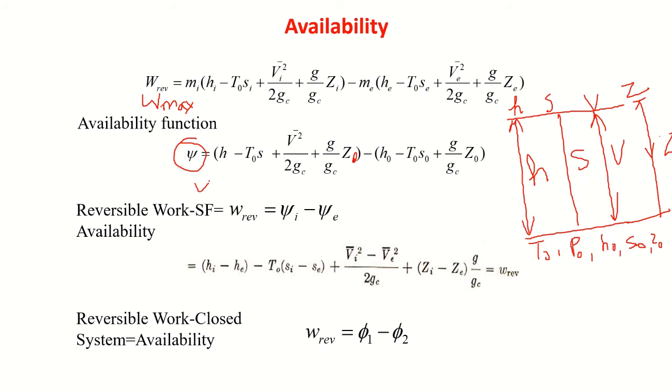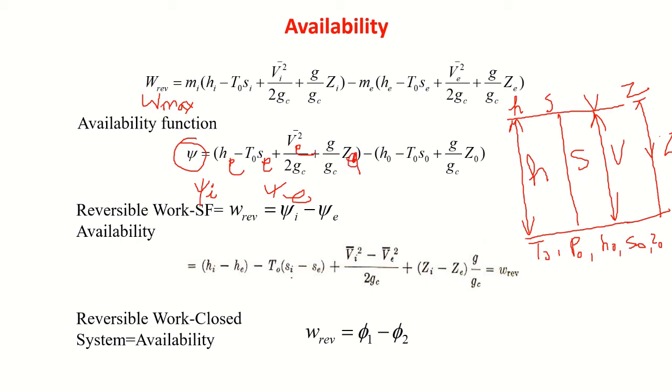So then availability psi I means then you put HI, SI, VI, ZI like this. Then psi naught exit condition. Put this as HE, T naught SE, V, ZE.